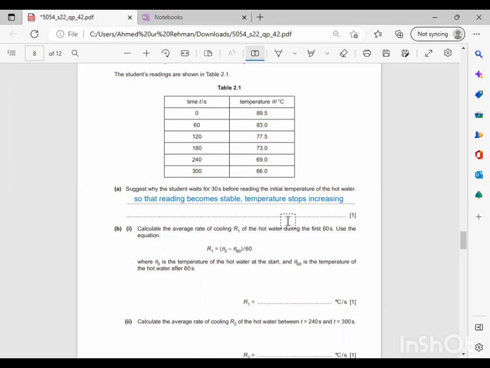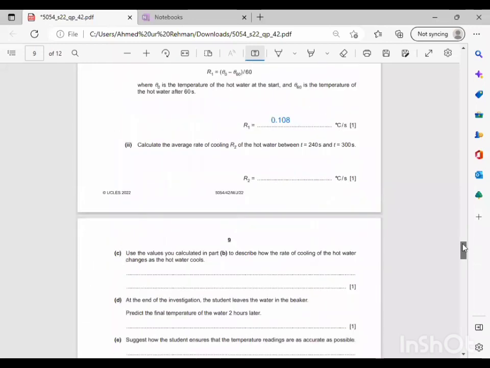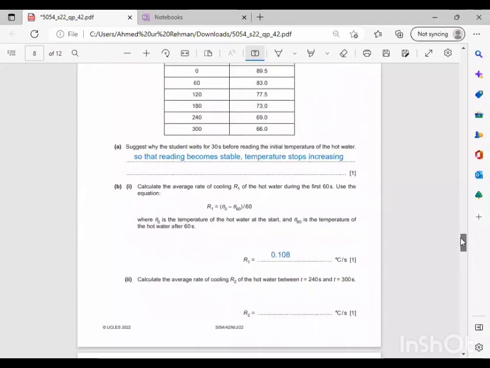So my answer is 89.5 minus 83 divided by 60. So that is giving me 0.108. Have they mentioned significant figures? No, they haven't. So I'm going to just write it according to how I deem appropriate.